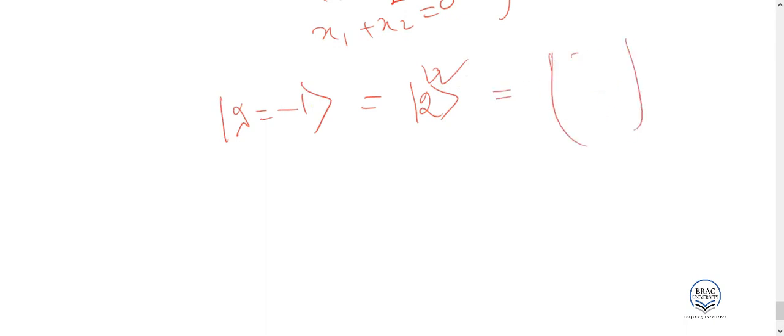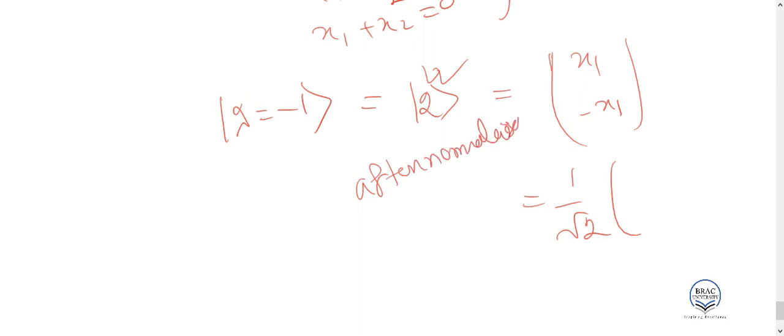So writing the eigenvector for lambda equals -1, let's call it ket 2, and it will be x1, and here instead of x2, since we got x2 equals minus x1, we are going to just write minus x1. And if you normalize it, that is after normalization, this is just this.